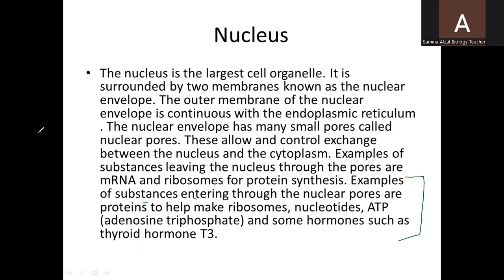The ribosomes are allowed because they have to do the protein synthesis. Nucleotides, ATP, the energy, adenosine triphosphate, is necessary. Some hormones, thyroid hormones, which are called T3 hormones, can also pass through this nuclear membrane.